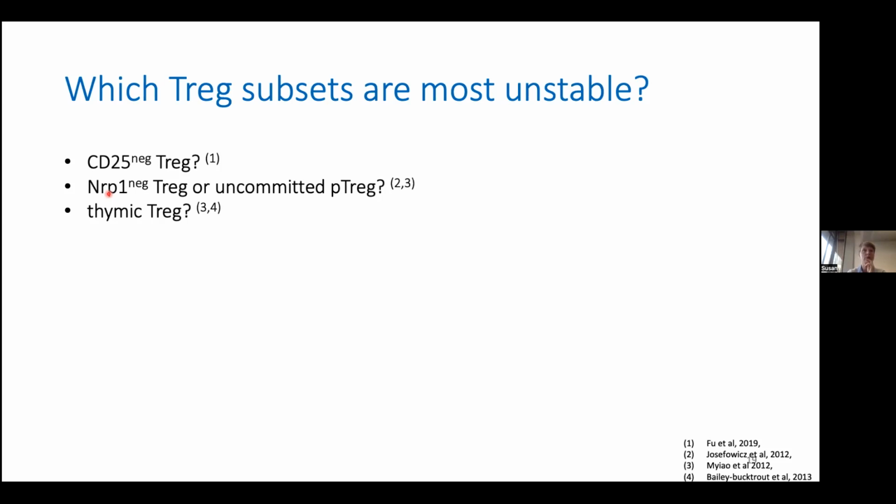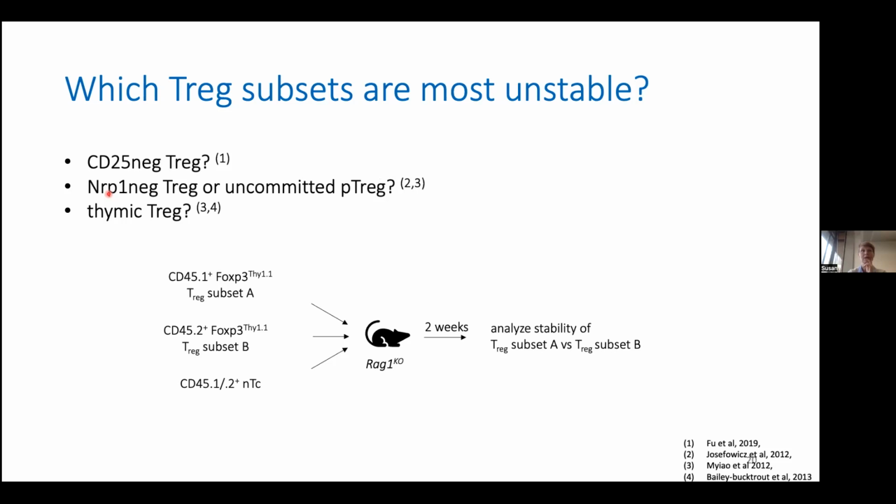And we've looked with our model at a couple of these options. The way we use our model now is basically we just use congenic naive T cells, and then we co-transfer, again, congenically marked Treg subsets, subset A, subset B, that can be 25 positive versus 25 negative, and we can distinguish all 3 transferred populations by the congenic expression of CD45.1 versus 2.